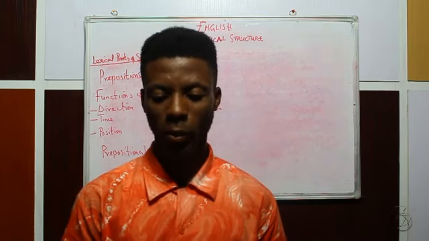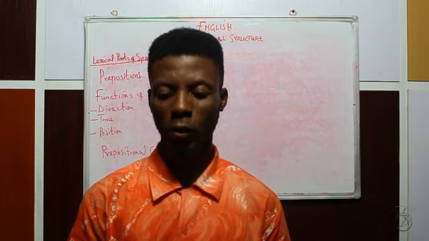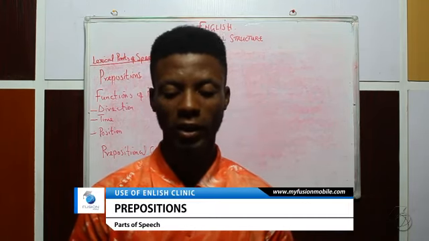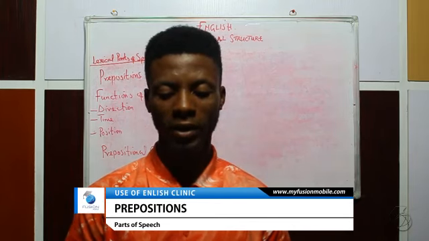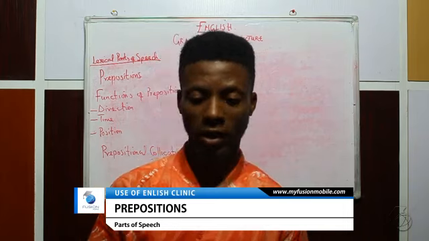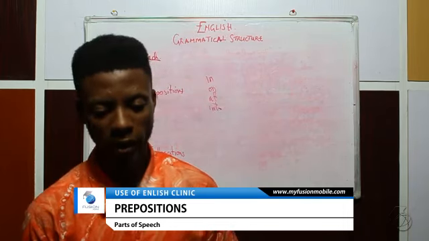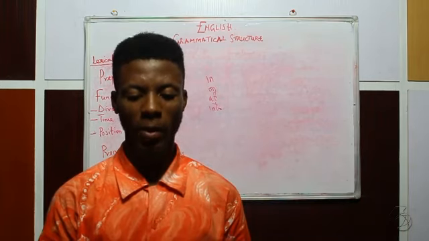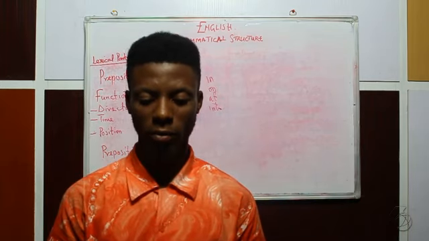It is quite possible for a word to be collocated with two or more different prepositions, and each will mean an entirely different thing. Let us look at these examples. Pray to God. Pray for healing. Pray in the church.